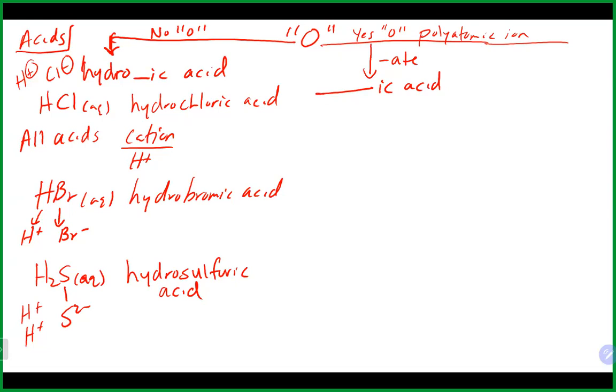So for example, here, if we take something like HNO3, NO3 is nitrate, ATE. This would be nitric acid.